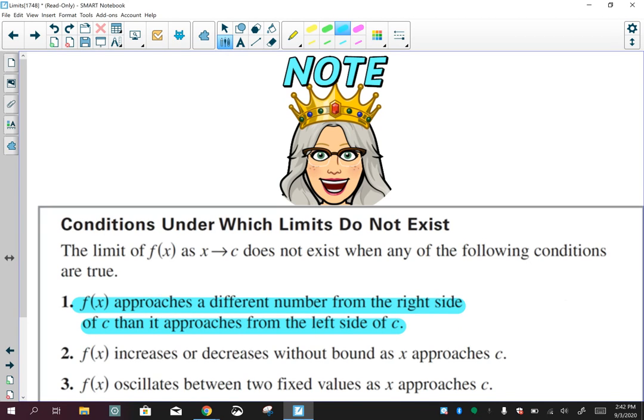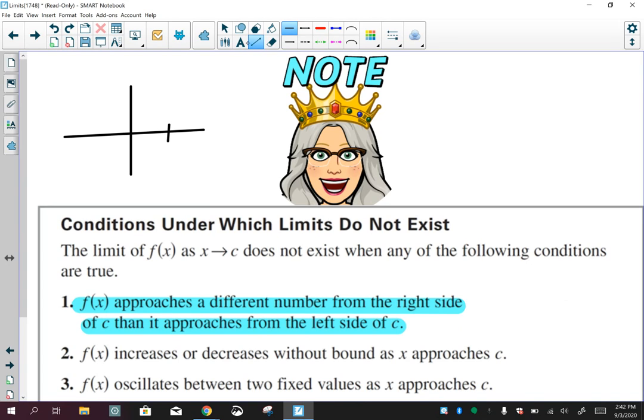If it increases or decreases without bound, what does that mean? Basically, what that means is that you have an asymptote.